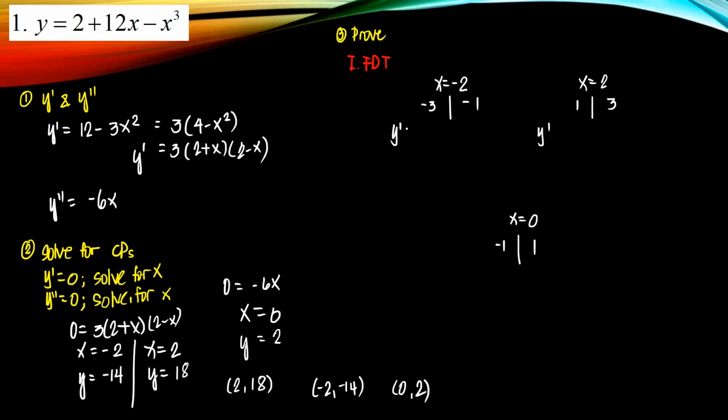So what we do here is we substitute negative 3 into the equation of y prime. This is actually, guys, the reason why I tried factoring. 2 plus negative 3 is negative. 2 minus negative 3 is positive. So negative times positive is negative.